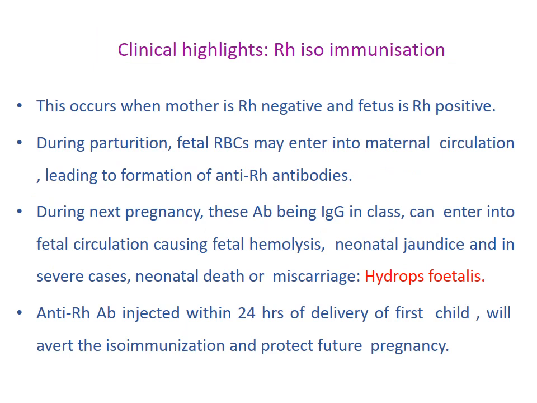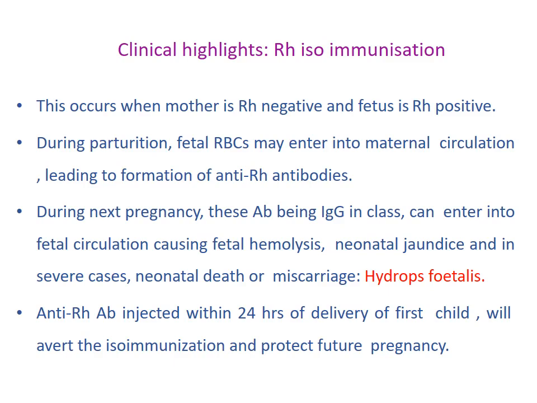Now come to the clinical highlight, which is very important with regard to IgG, called Rh isoimmunization. We all know what Rh is. It may be positive or negative, like B positive, B negative. This clinical condition occurs when the pregnant mother is Rh negative and the fetus she carries is Rh positive.